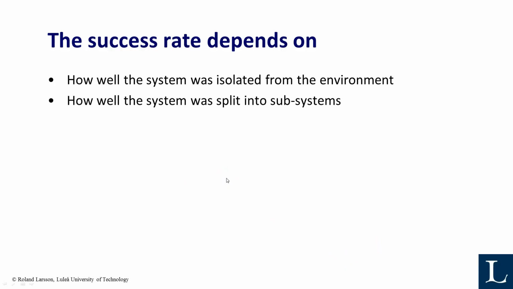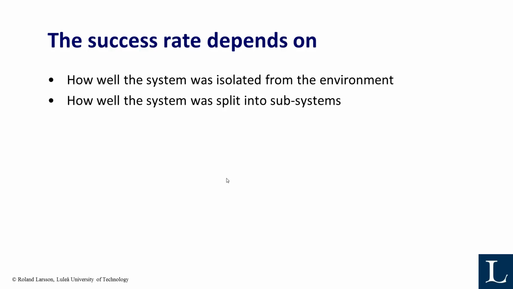That is also if you split it into subsystems. If you make a number of smaller systems, then that's also a success factor, because it's easier to handle each small subsystem.